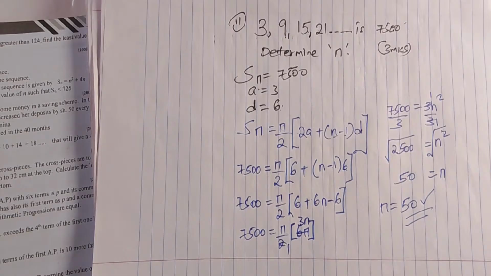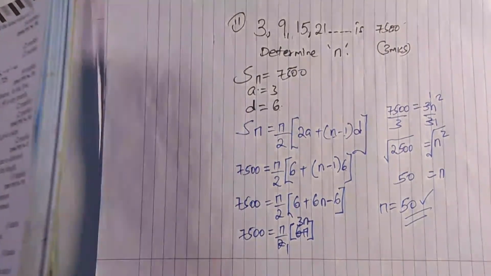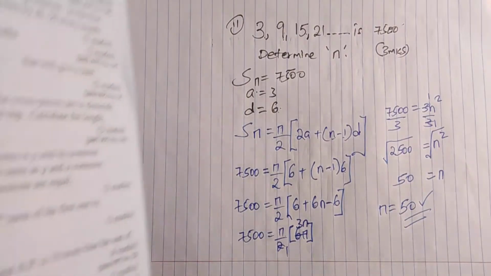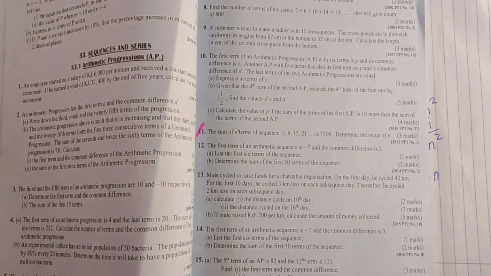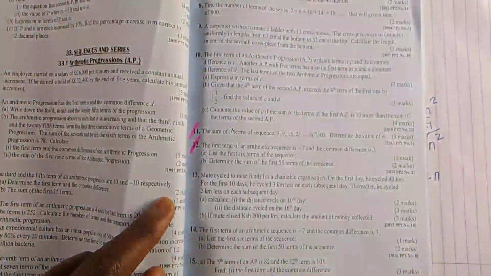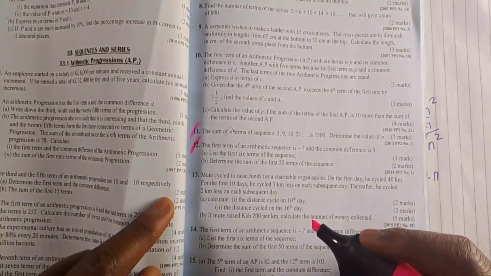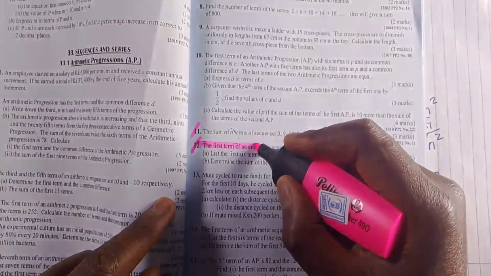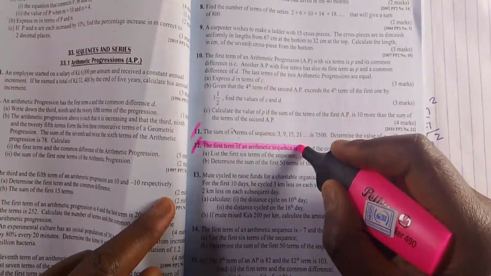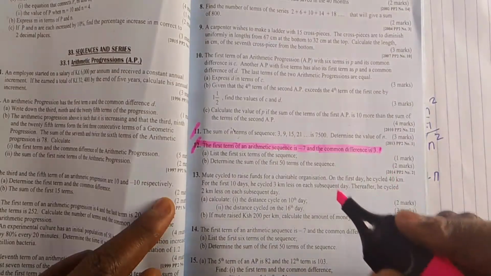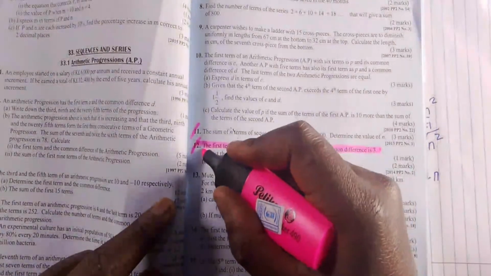Okay. I want us to do another question. The first term, number 12. Do you see number 12 there? Write it down. The first term of an arithmetic sequence is 7. This is a highlight, it cannot affect anything. It's -7 and the common difference is 3.